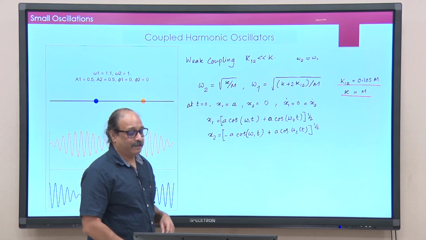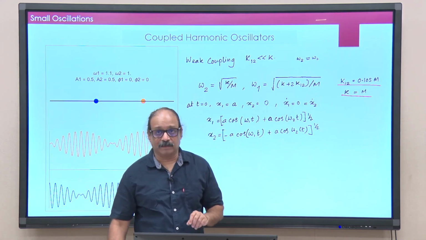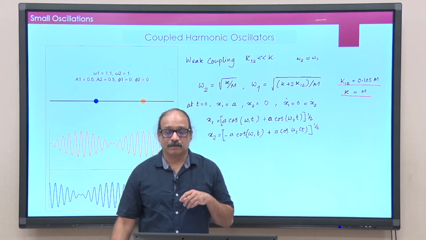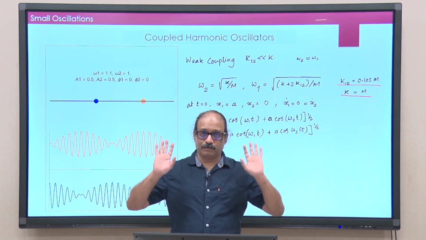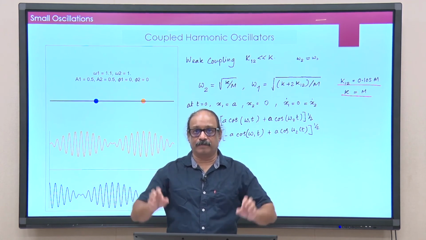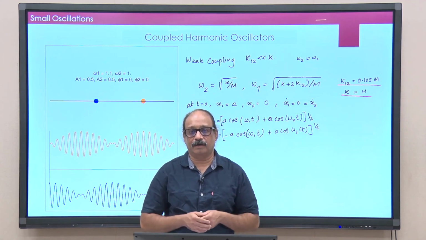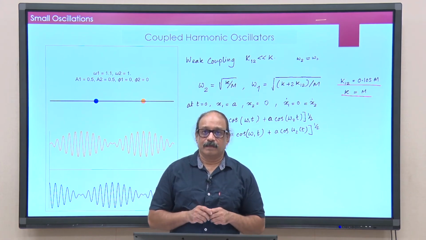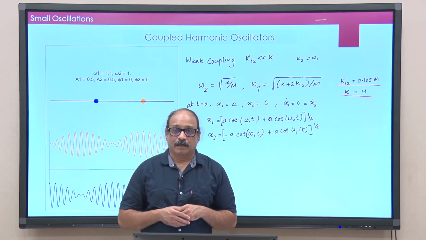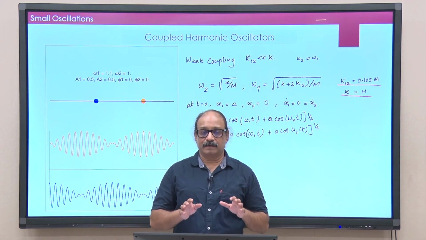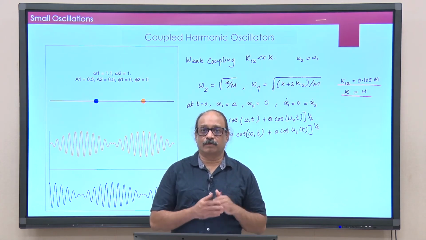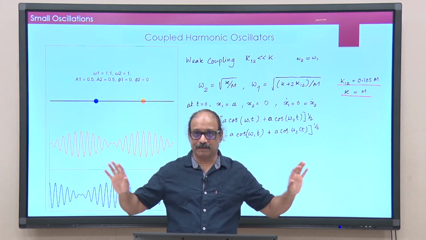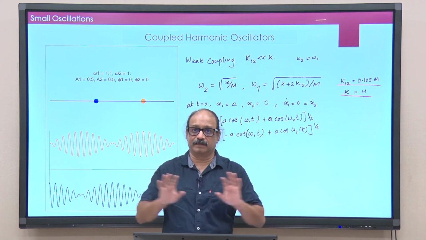Now, let me come back to that grandfather clock problem that I was talking to you about earlier. When you have two long pendulum clocks attached to a wall, and you set them in motion, they are basically a linear sum of these two normal modes: a motion which is like this and a motion which is like this.